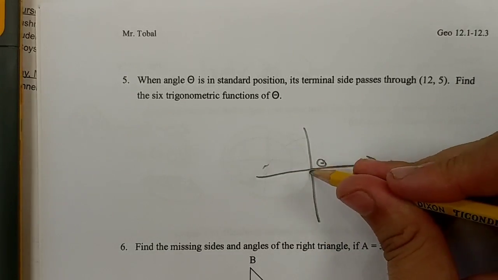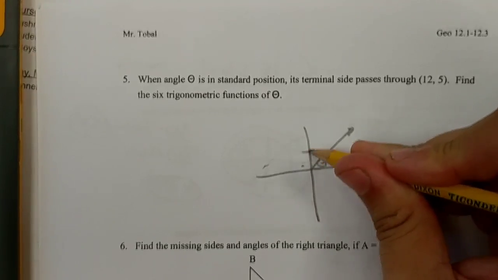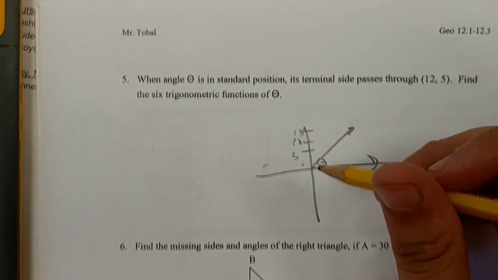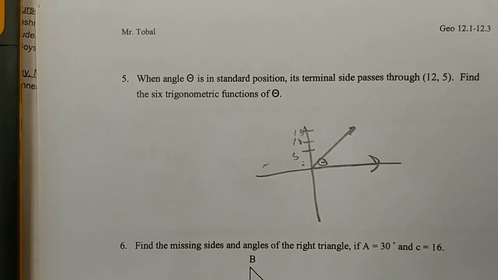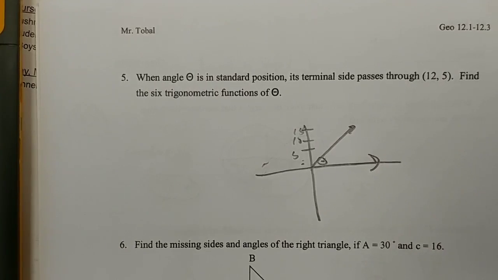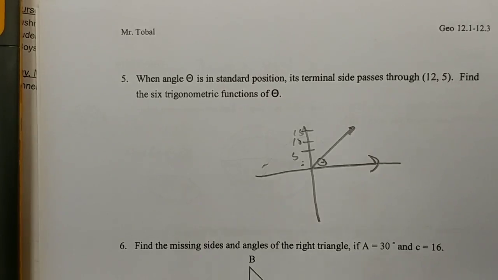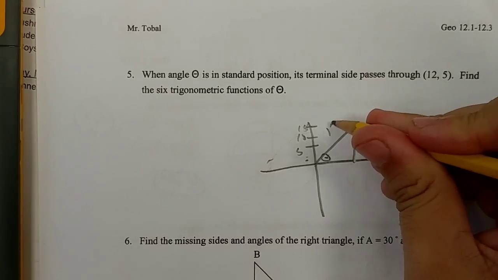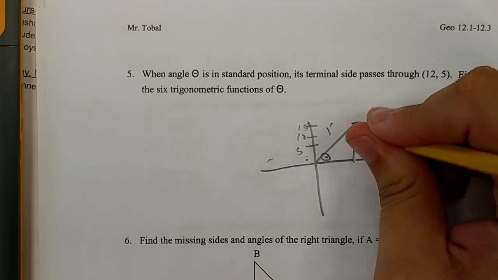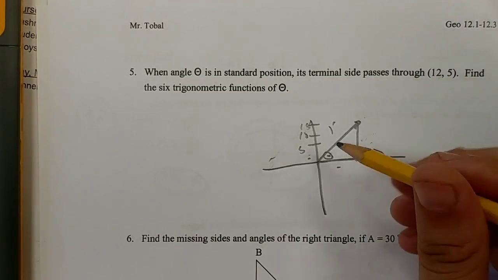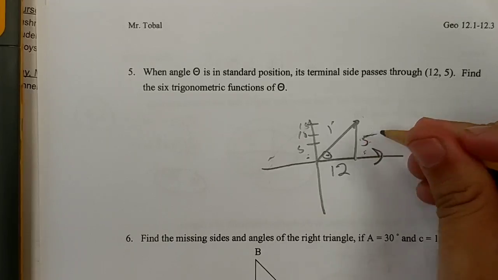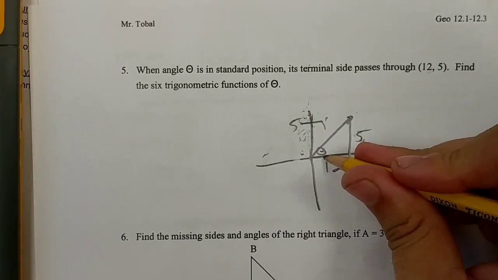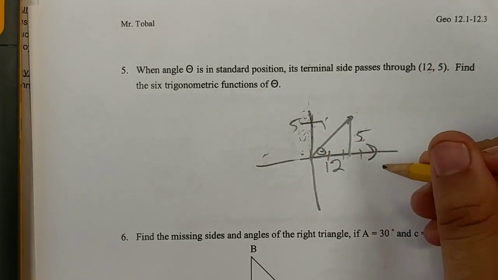So it goes to 12, 5. I'm sorry, let me rewrite that. It's 12, 5, so you go 12 to the right and 5 up. I made a mistake there. Good thing I'm using a pencil. So it goes 5 up, and then 12 to the right.